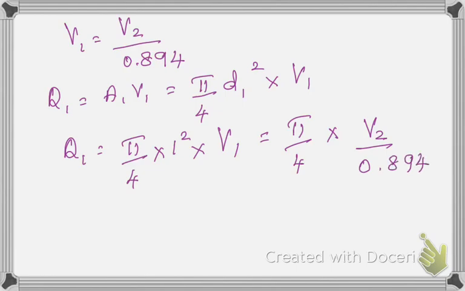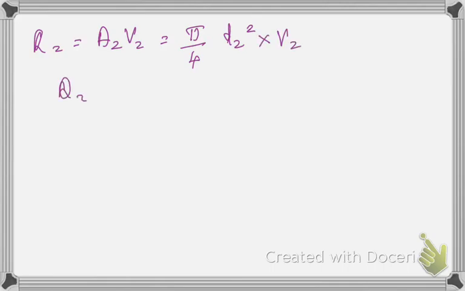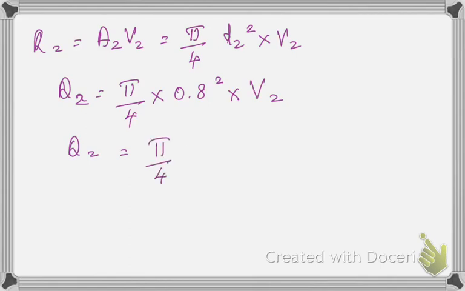Similarly, Q2 will be equal to A2 V2, which is pi by 4 D2 squared into V2. So Q2 will be equal to pi by 4 into 0.8 squared into V2, which is pi by 4 into 0.64 into V2.